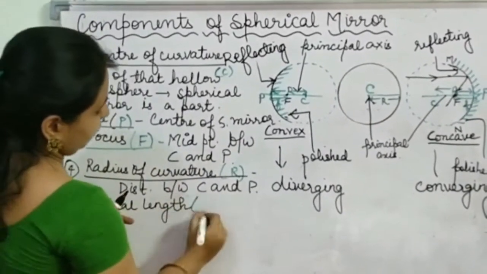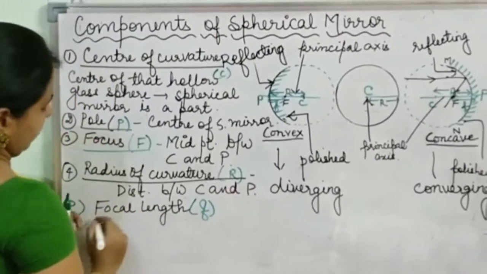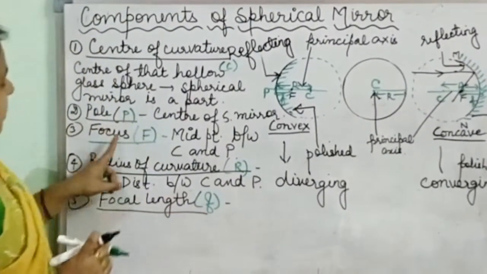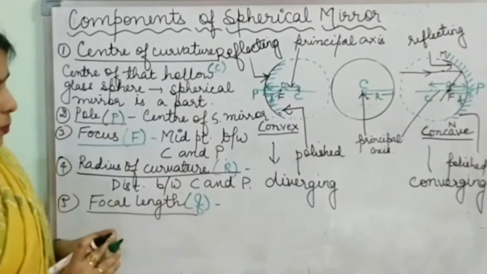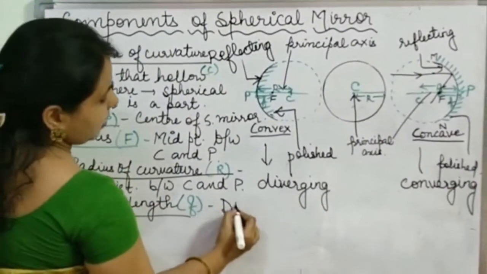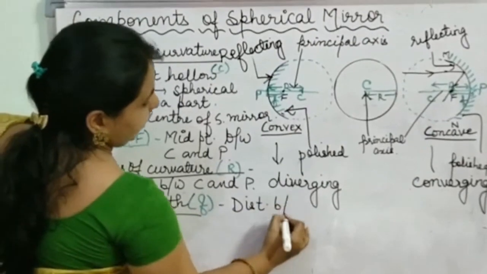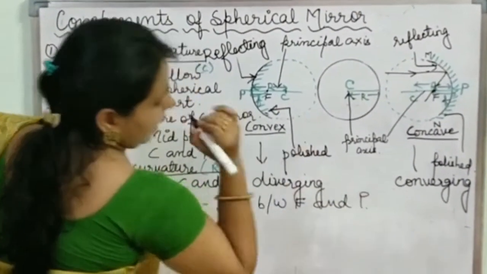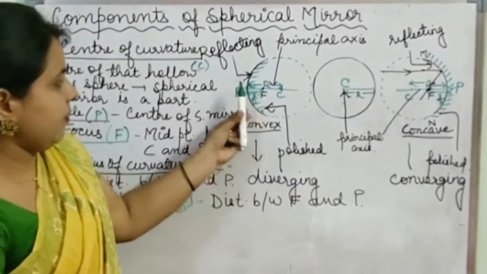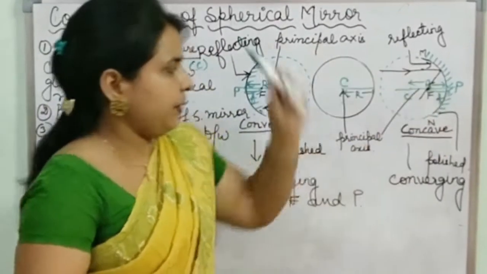Focal length is represented by small f. So always remember, focus is represented by capital F and focal length is represented by small f, and it is defined as the distance between focus and pole, F and P.